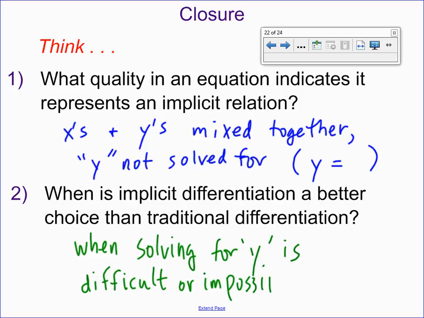Or solving for y would create a harder differentiation problem than just leaving it as is, right? Because you introduce radicals or a more difficult rule. Awesome work, you guys. What questions do you guys have about your closure then?